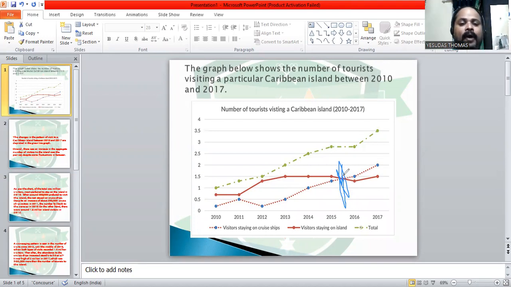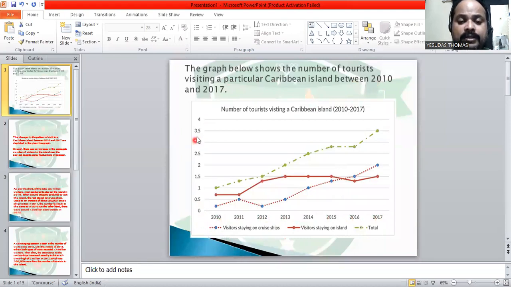Now let's go ahead and see the specialities here. What we can see here is two time frames, that is 2010 to 2017. You can say 2010, 2011, 13, 14, 15, 16, 2017. And this is a movement chart.